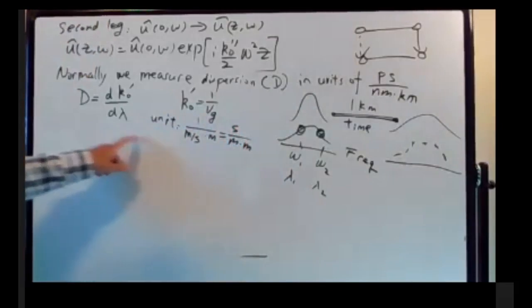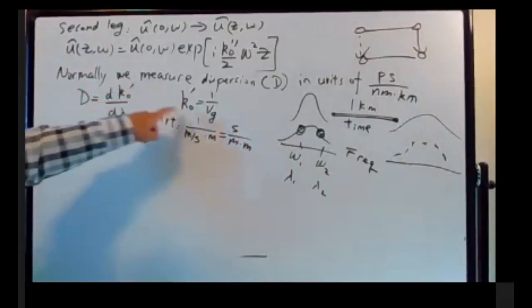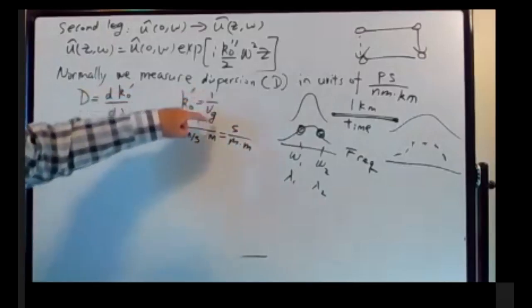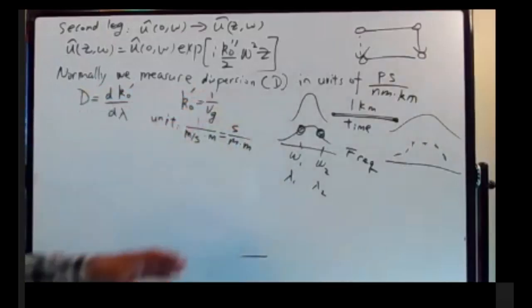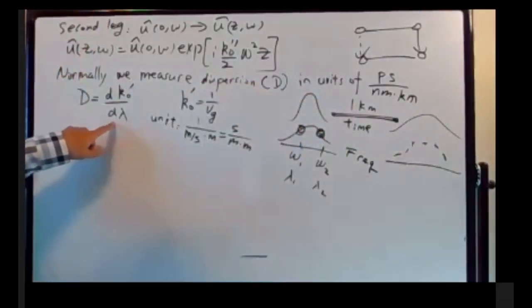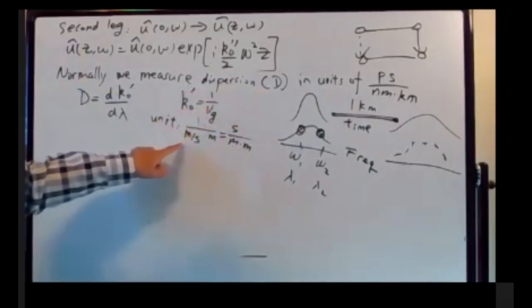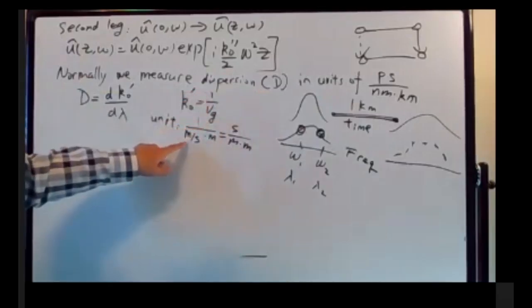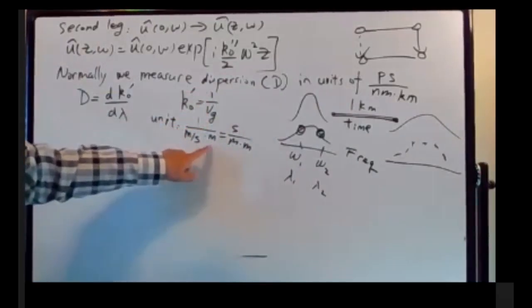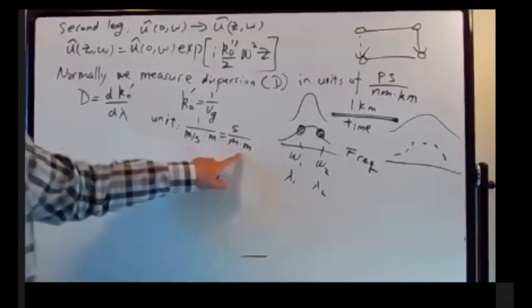So what is the unit for this dk naught prime? k naught prime is 1 over group velocity, so k naught prime has the unit of 1 over Vg. Vg is meter per second, times d lambda in meters, so it is second over meter.